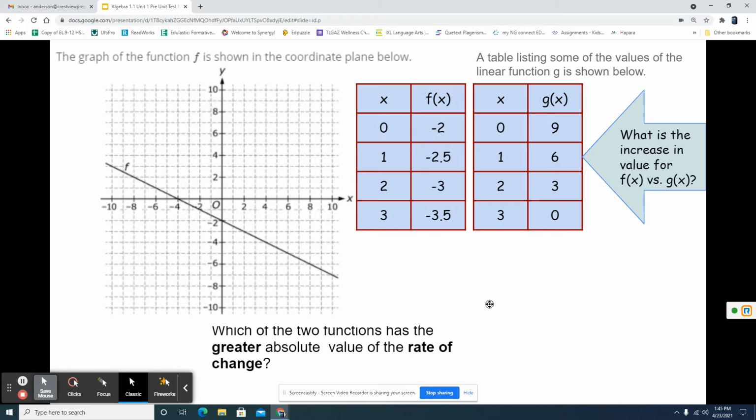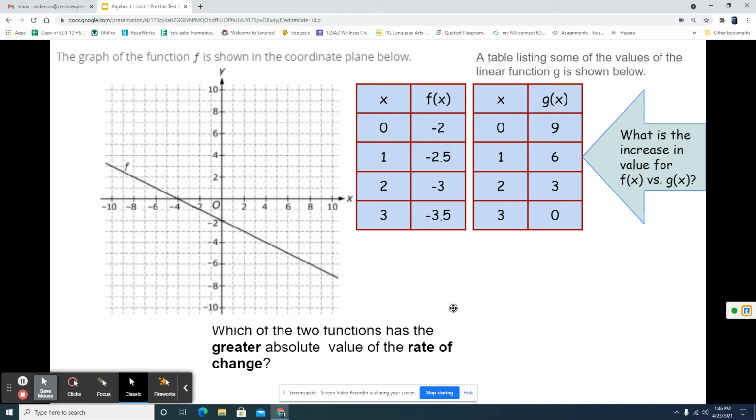What you're looking for is the increase in value for f, this function, versus g, this function. Well, our x values don't change. They're increasing by 1. Easy peasy. Over here, our function f of x, we start at 2, go to 2.5, to 3, to 3.5. What is the change here?